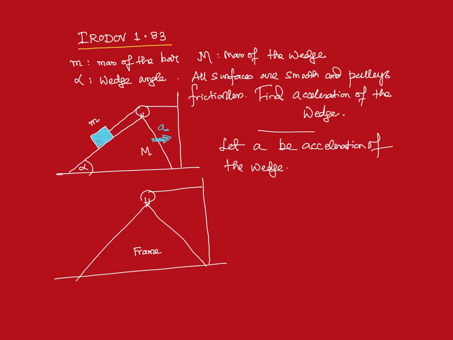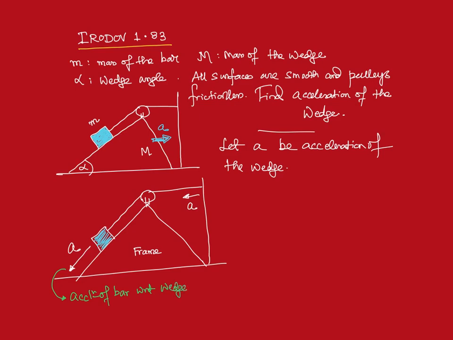So the wall will come towards the left with an acceleration A, and as it is attached to the same string, the bar will also accelerate downwards with A. So this A, I mean this vector, is the acceleration of the bar with respect to the wedge.